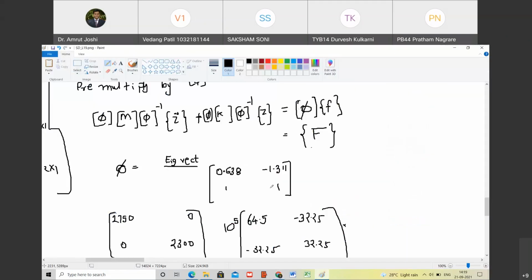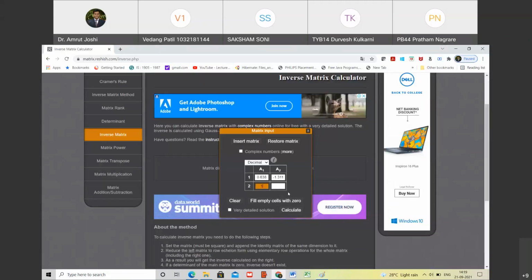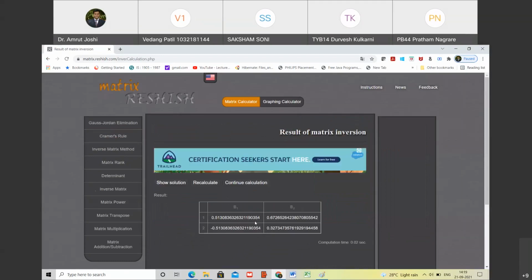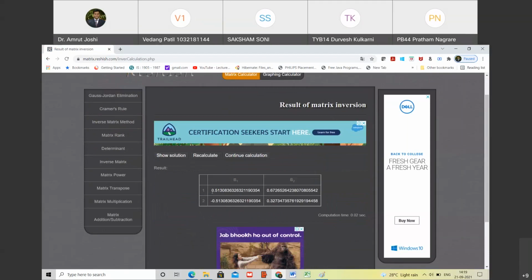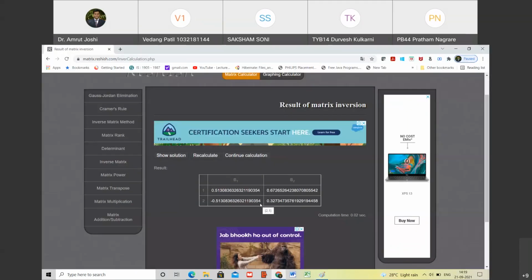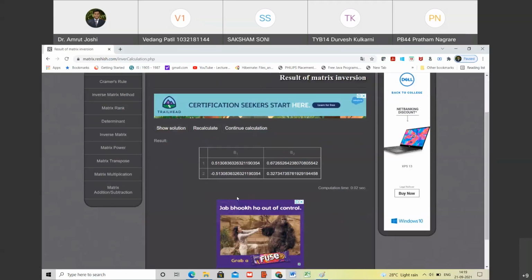Then we have 1, then we have 1. Are you with me? Yes, sir. So if I calculate, that turns out to be 0.513.